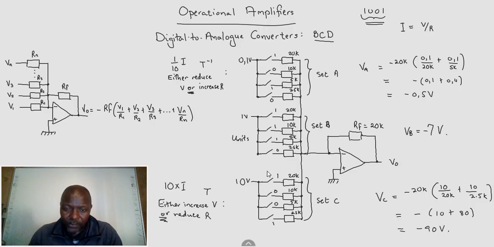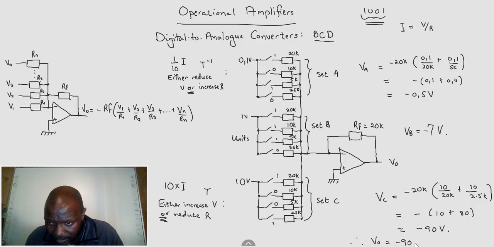Is this the tens? Yes. 1001 is 9, 9 tens is 90. This was units, 0111 units is going to give us 7. And then this here is the comma side. This is going to be 0101, and this is comma 5.